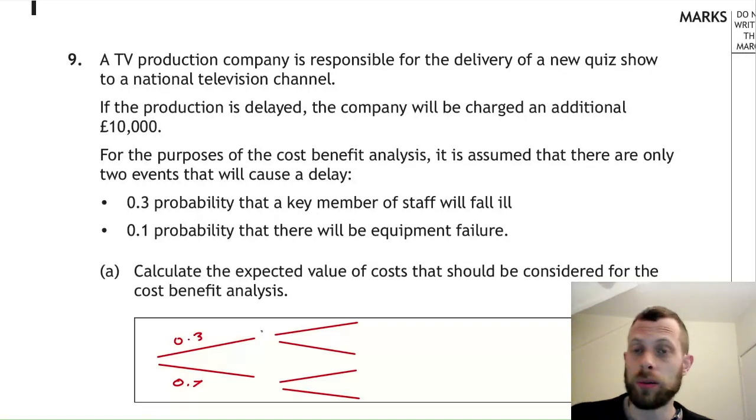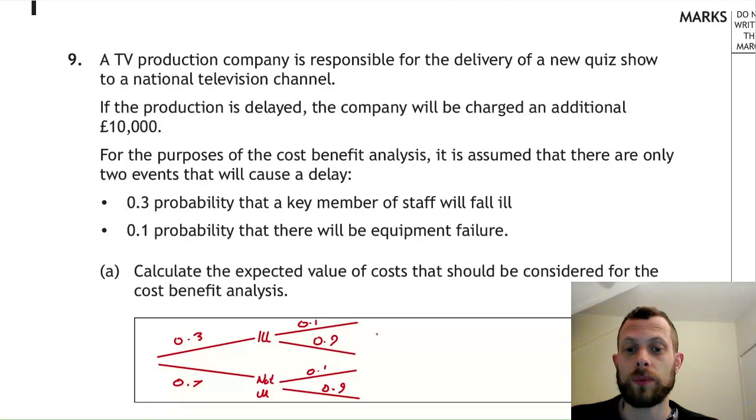Now once that's happened, we look at the equipment failure and there'll be a 0.1 probability that the equipment fails, so a 0.9 probability that it does not fail, and this is the same in both branches.